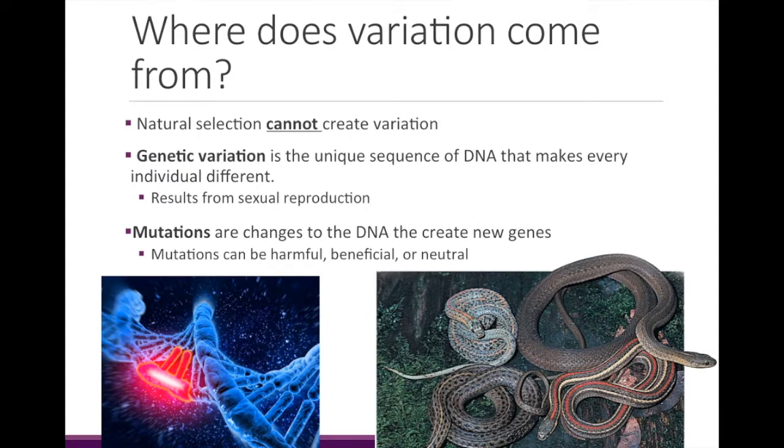A mutation is just random, which means it is not inherently good or bad. The outcome of a mutation depends on how it affects the individual. So if a mutation helps an individual survive in that particular environment, then it's beneficial and will be selected for. Eventually it becomes more common.